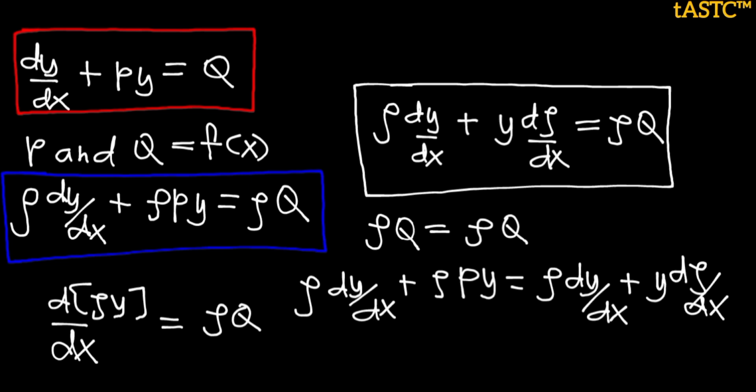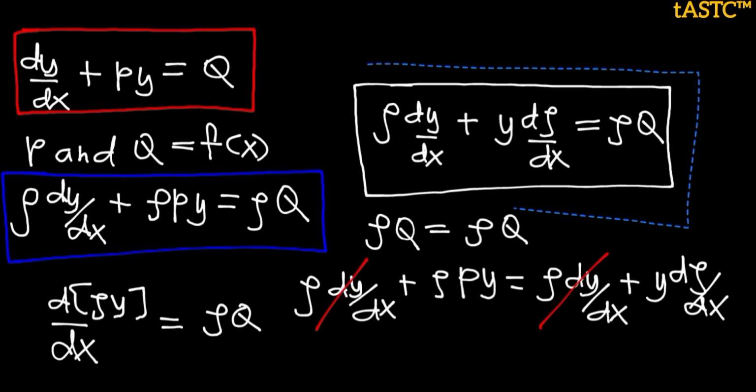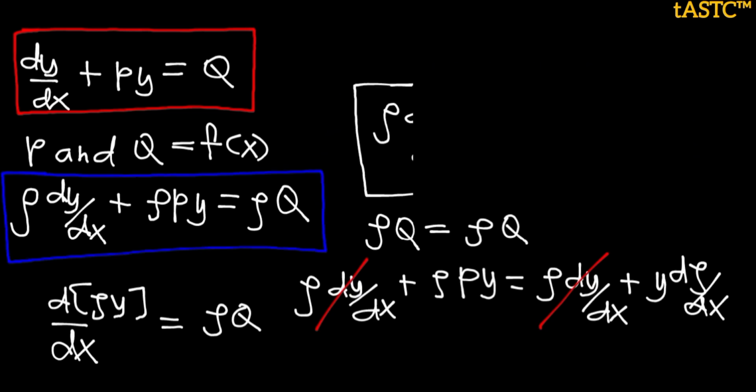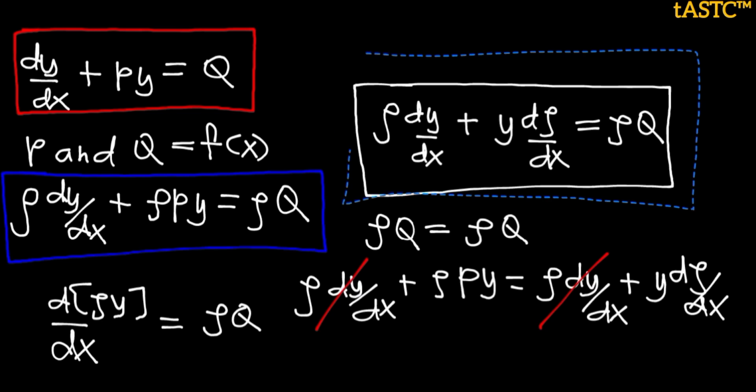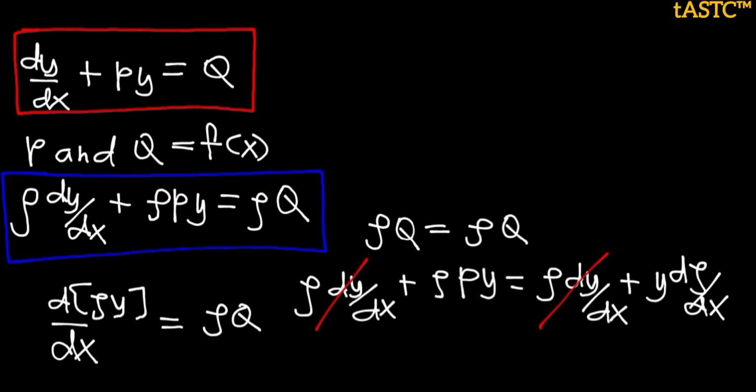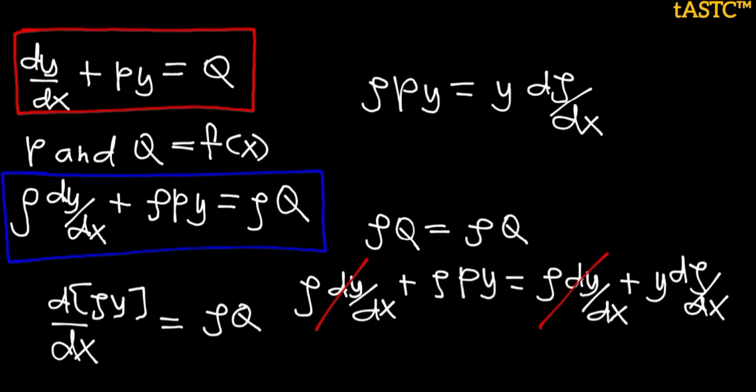Now from here we have rho dy/dx present on both sides of the equation, so we could well cancel them out. So that should give us a new form of the equation. So that leaves us with rho py, that is equal to y d rho/dx.